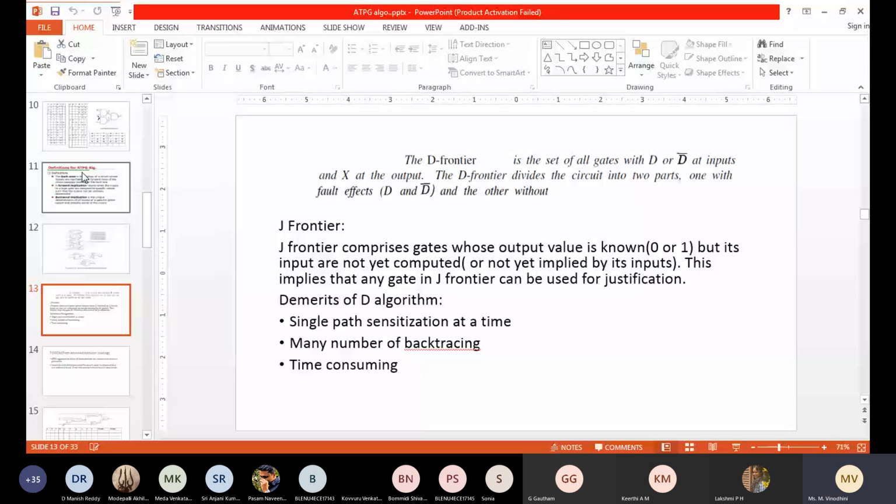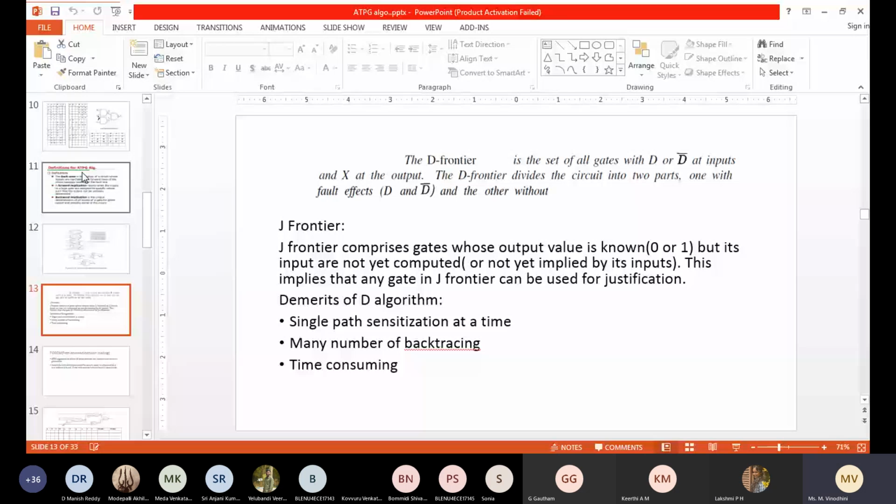In the backward implication process, the gate involved is known as a J frontier gate. Is it clear, students? D frontier is the gate on which you follow the forward implication procedure. J frontier is the gate on which you follow the backward implication procedure. Clear?